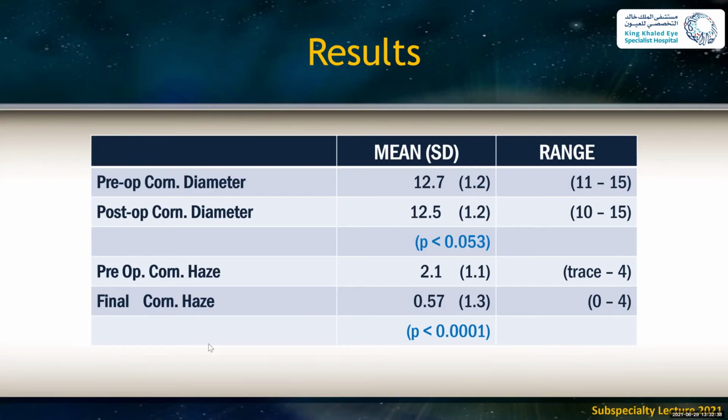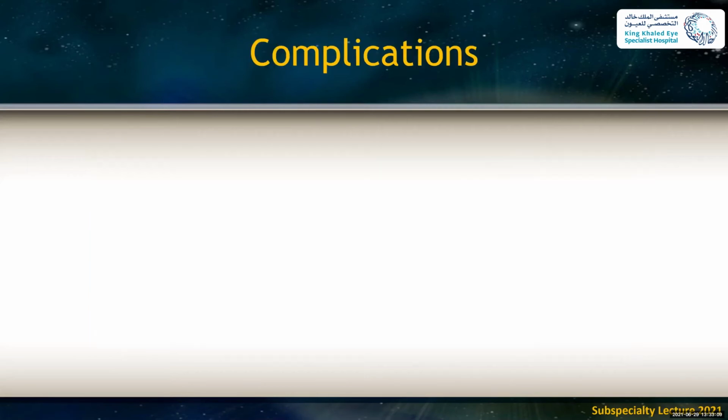You need a clear cornea to develop vision in these young children. So the corneal haze went from 2.57 to 2.1, again a significant p-value. As a result of reducing the IOP, the cornea will clear up if the corneal edema and haze has not reached the stage of scar formation and so on.